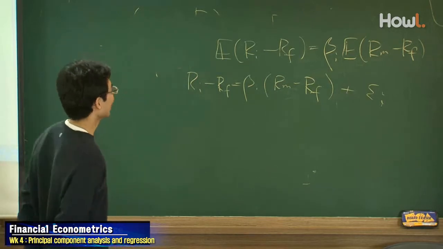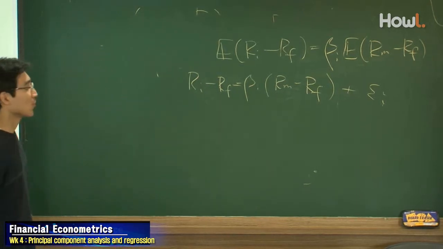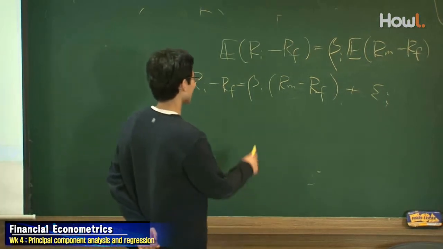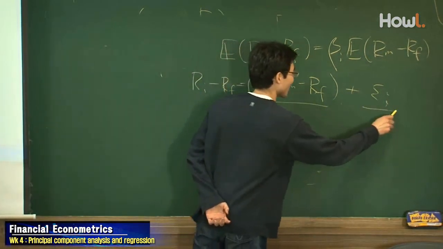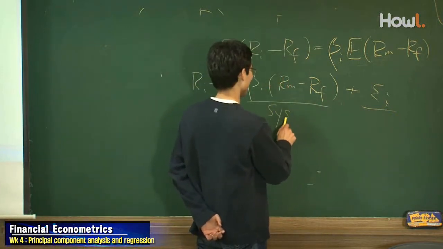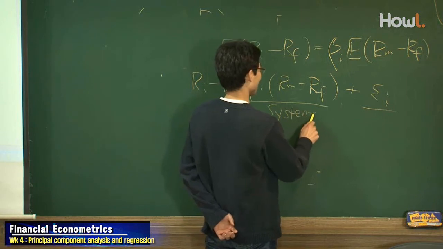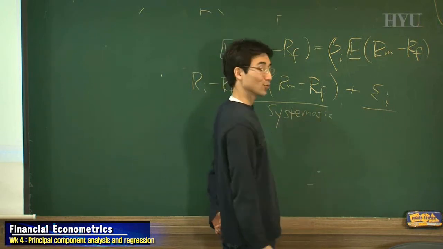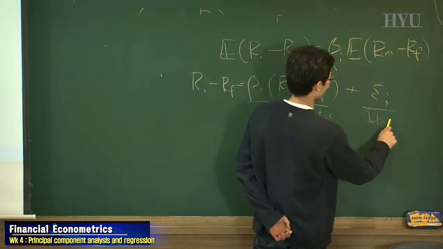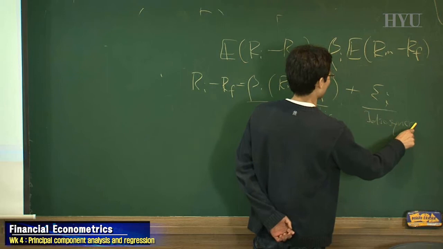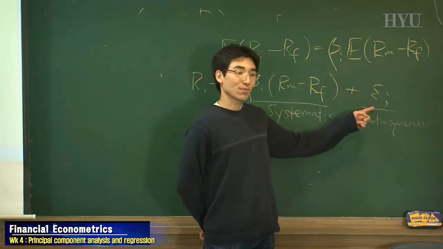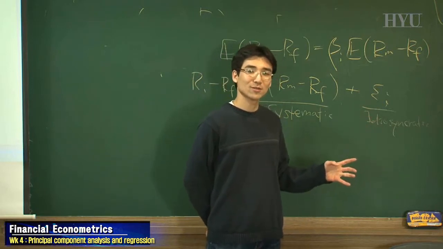So the capital asset pricing model says many things. First, it says that we can decompose the excess return of an asset into 2 parts: a systematic part and an idiosyncratic part. The capital asset pricing model is enormously important. The idiosyncratic part you can get rid of by holding a lot of assets, right?